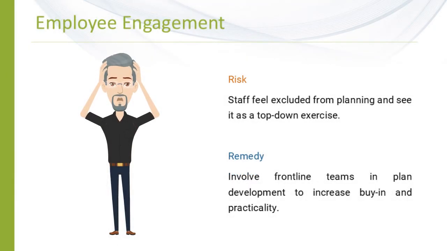So there's a plan, it looks like it stacks up, and it sets out to deliver something. But the real risk here is if people who are the recipients of that plan or maybe working and supporting that plan feel like it's being done to them, not for them or with them, well, then you can actually then disengage employees or workers for that matter. So again, it might be seen as a top-down exercise, but a way around this, and again, to navigate through these issues, is to involve frontline teams with the planning process itself.